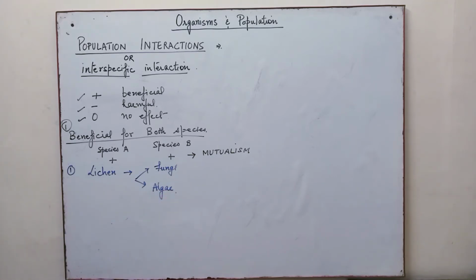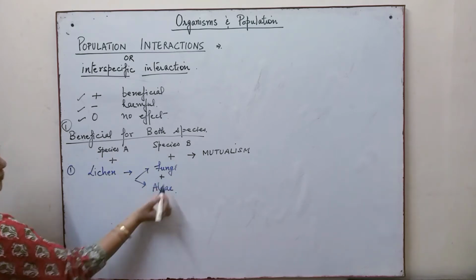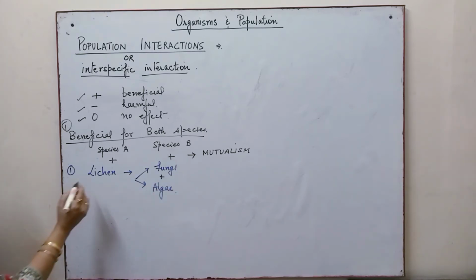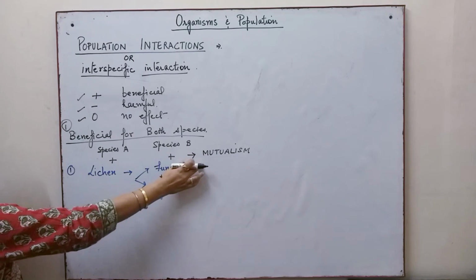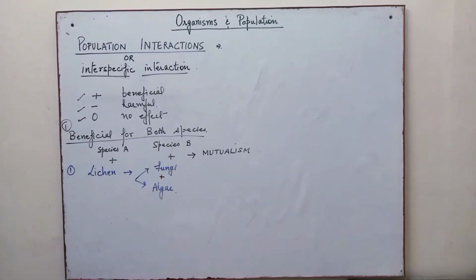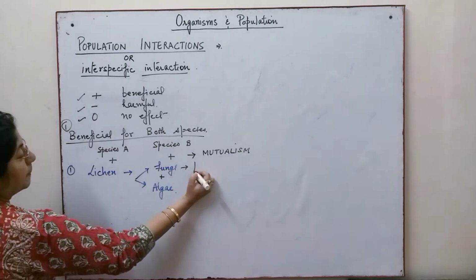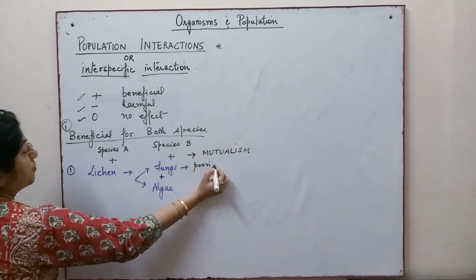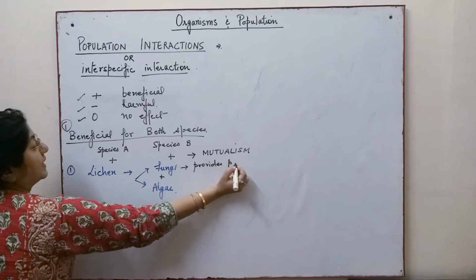It's an association between these two, and as we said, they are an example of mutualism. That means both the species are benefited. Now, what is the fungi doing actually? The fungi actually provides protection to the algae.